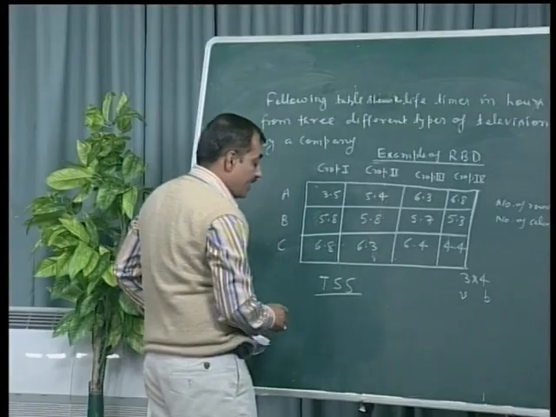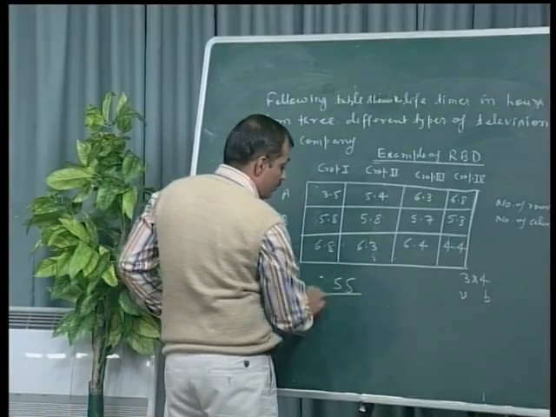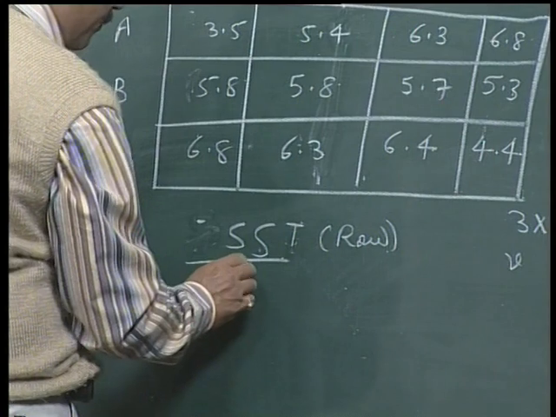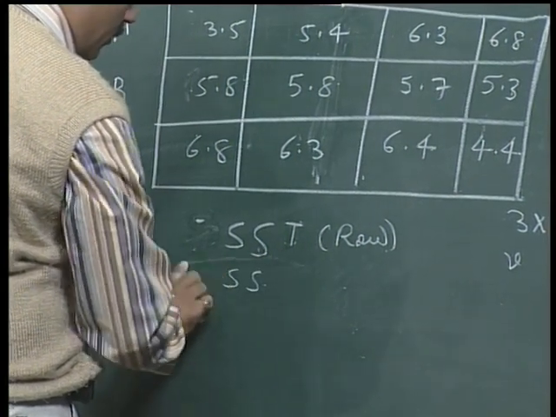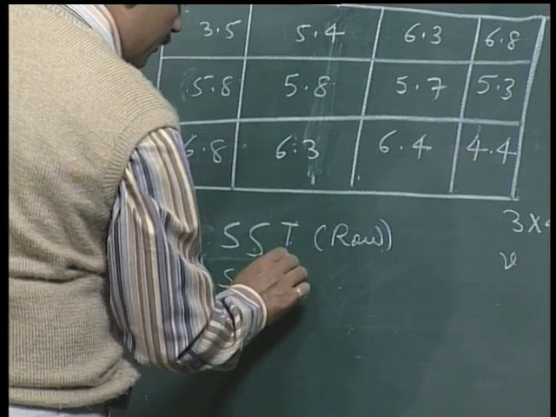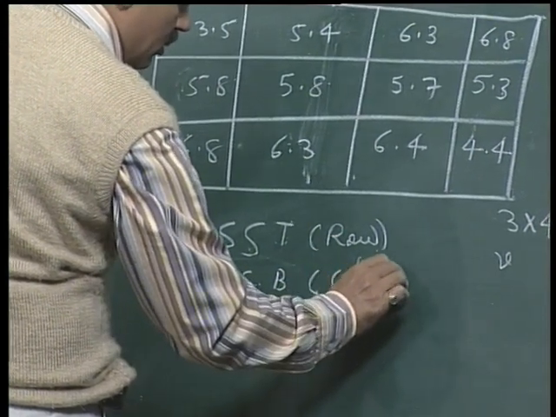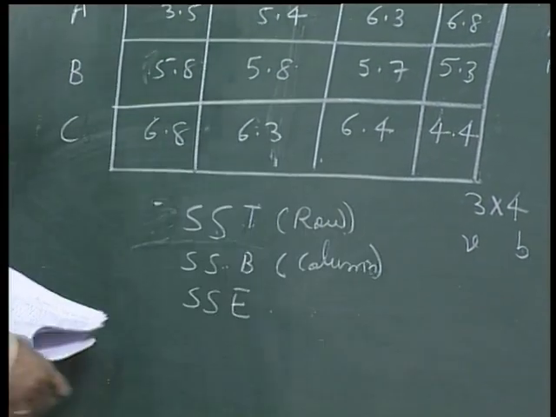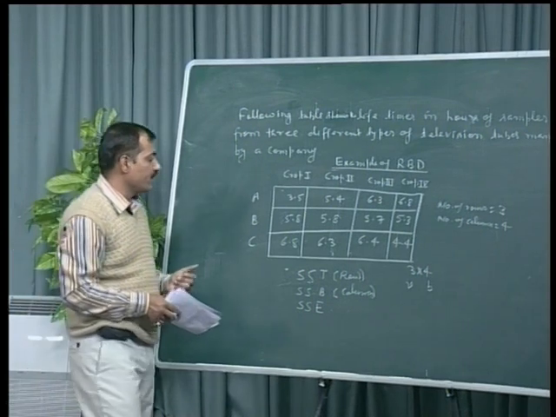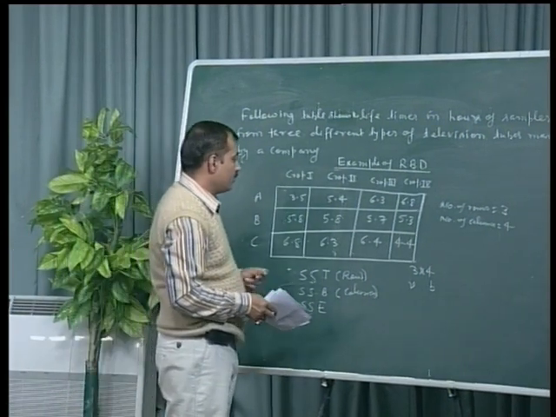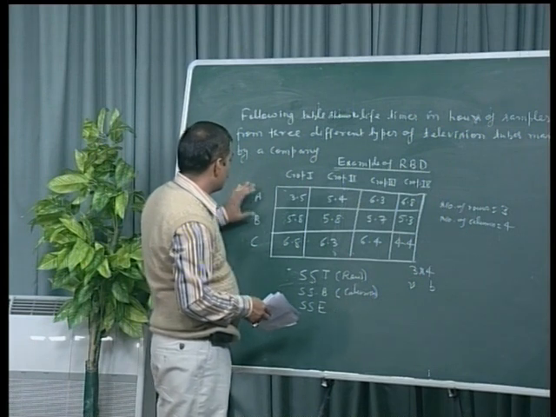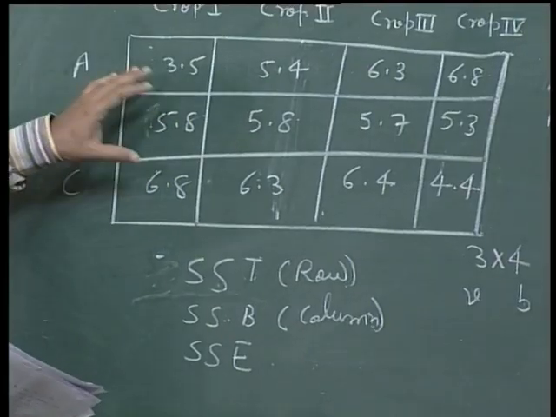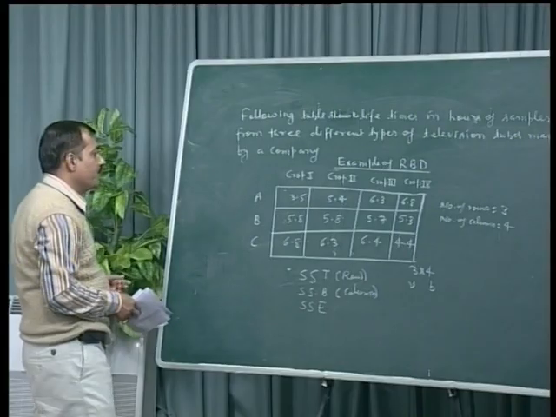So like CRD, we find the sum of squares due to treatments or rows, the sum of squares due to blocks or columns, and the sum of squares due to error. By putting the values in our ANOVA table, we test the hypothesis whether the effect of the 3 fertilizers is the same or not. So this is the example of RBD.